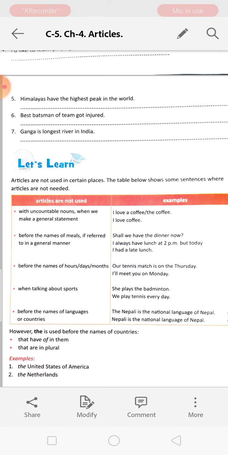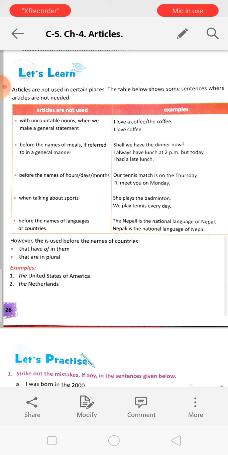Next, Nepali is the national language of Nepal. It is correct. No article is given. However, the is used before the names of some countries, not all the countries. The countries that have of in them. That means if there is any of in the name, for example, United States of America.